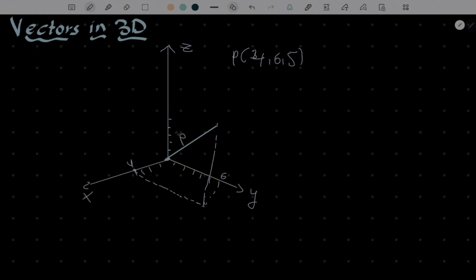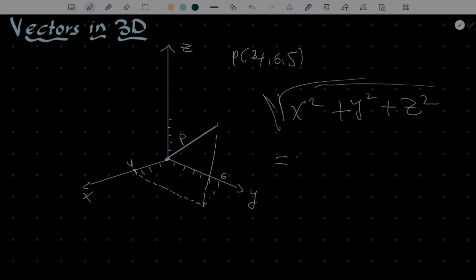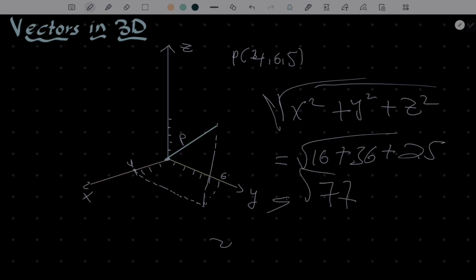So this is P. And if we want to find the magnitude of P, we plug into this formula, which equals x is 16, y is 36, and then 25. So adding everything up, we'll get root 77.